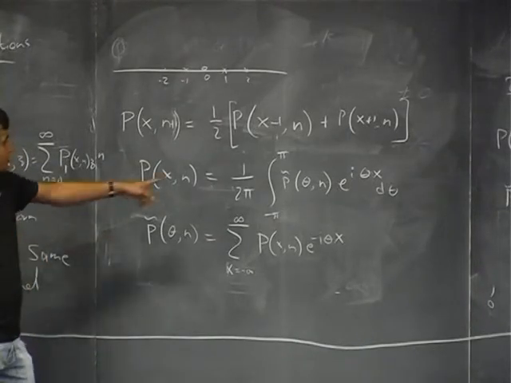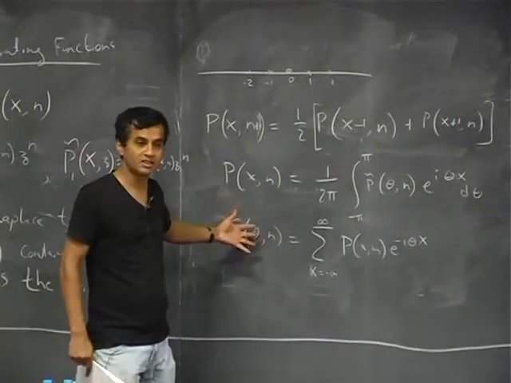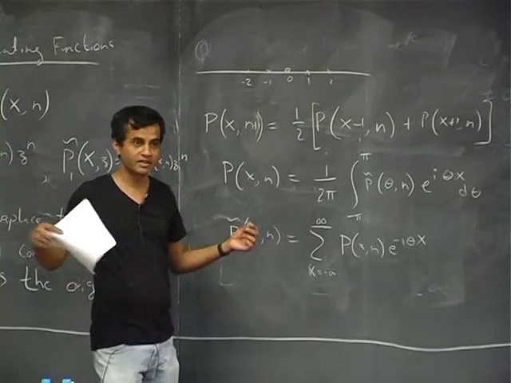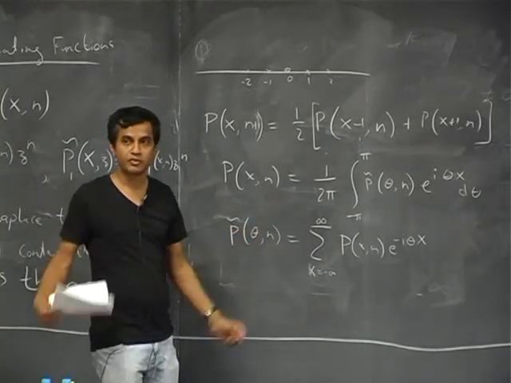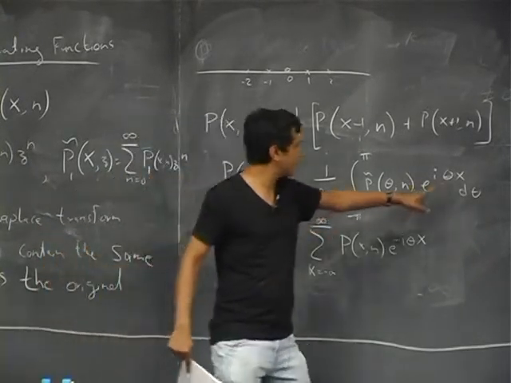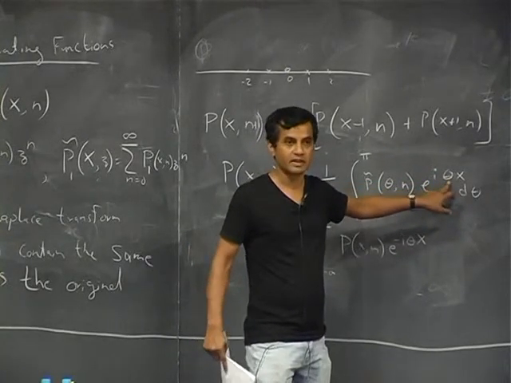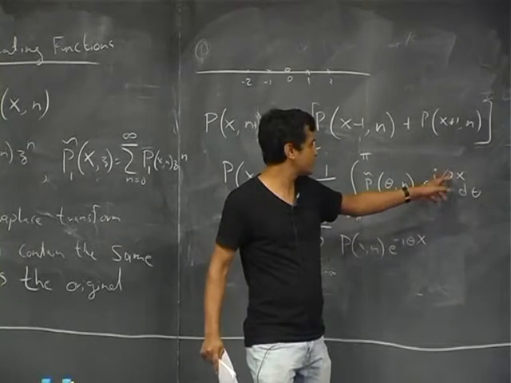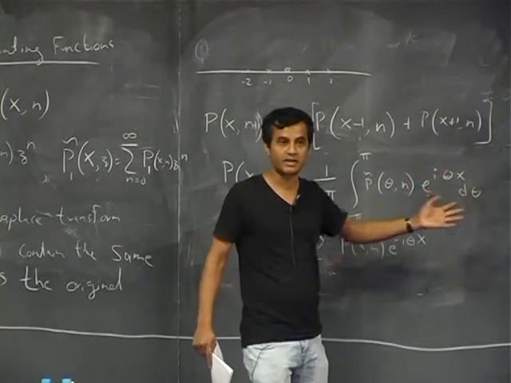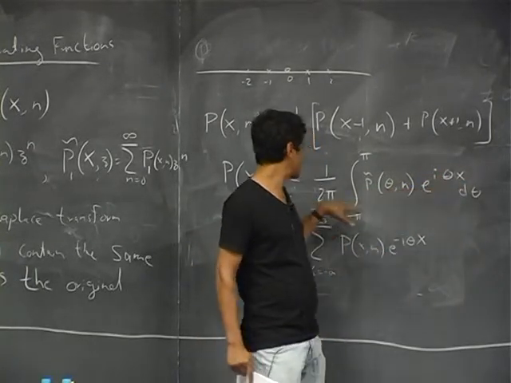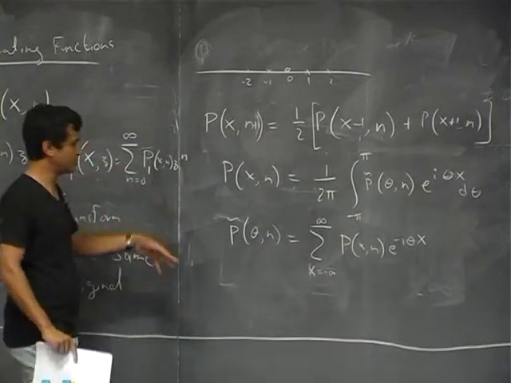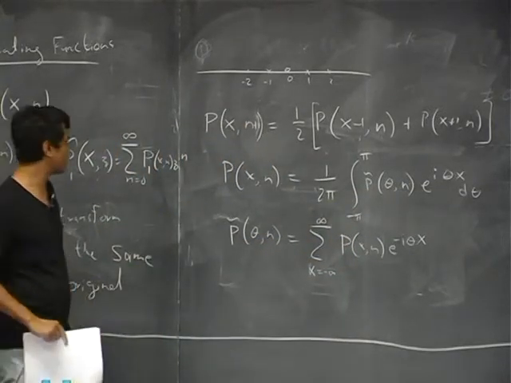So what is this? This is just a Fourier series, right? If you have a discrete space, then you have to do a Fourier series, because when you write e to the power i theta x, putting a wave vector greater than 2 pi doesn't make sense. You're on a lattice, so if it's greater than 2 pi, it's the same vector. That's why you are doing it like this. So you do a Fourier series instead of a Fourier transform.